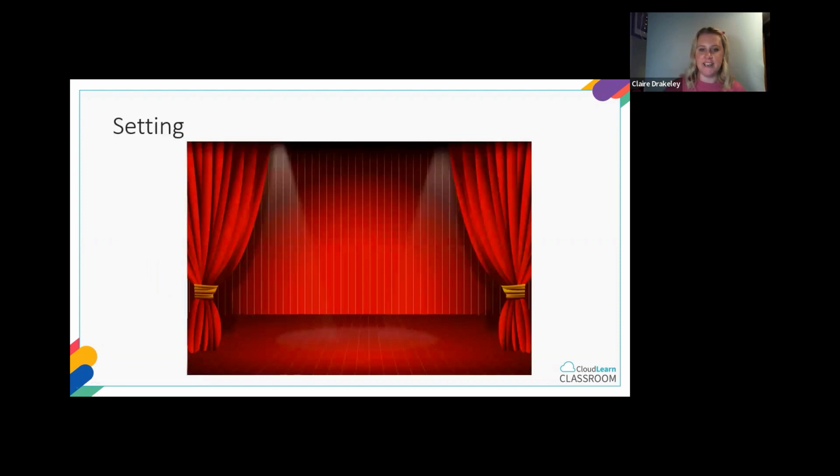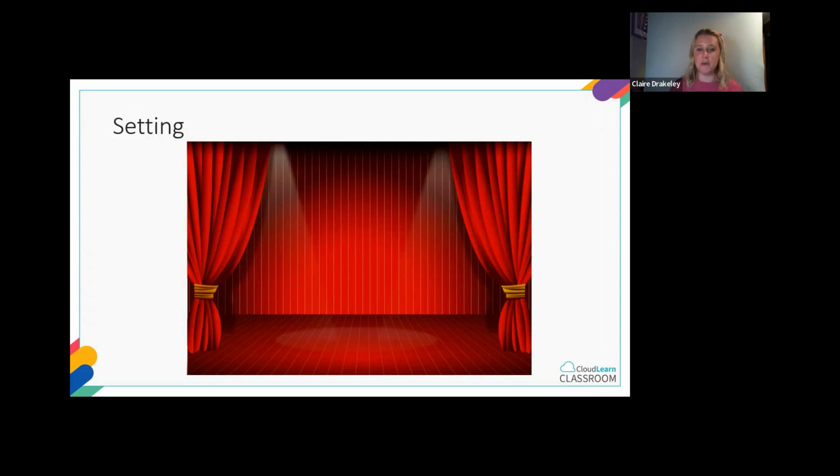So setting. We have now discussed who, what, why, and how in relation to narrative fiction, but where and when are also very important. Like descriptive writing, providing a detailed and compelling description of the character's surroundings is a key attribute of narrative writing. This will captivate the audience and give the reader a better understanding of what is going on.